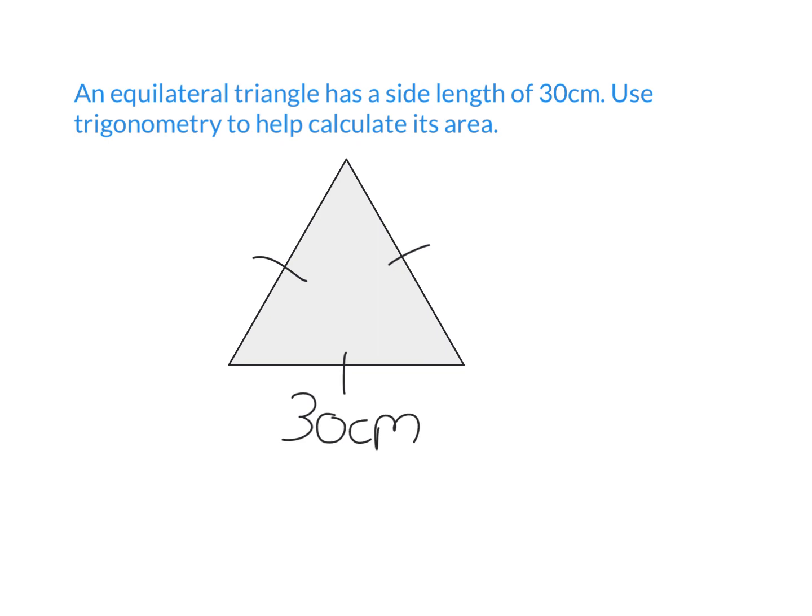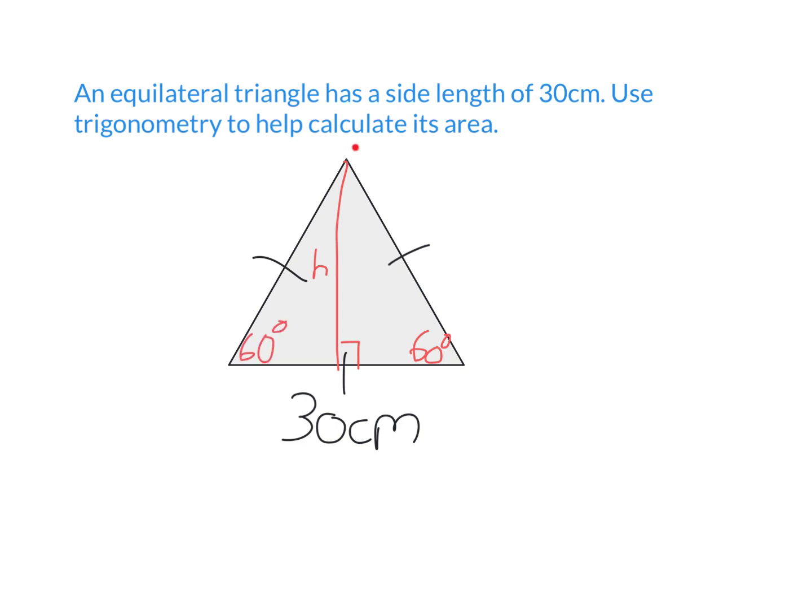So what's this got to do with area? Well, you know, for any triangle, the area is base times perpendicular height divided by 2. I don't actually know the perpendicular height of this equilateral triangle, but I can use trigonometry to find it. So trigonometry requires that we know some angles. Well, it turns out for an equilateral triangle, each angle is always 60 degrees because each angle's equal and they add to 180.